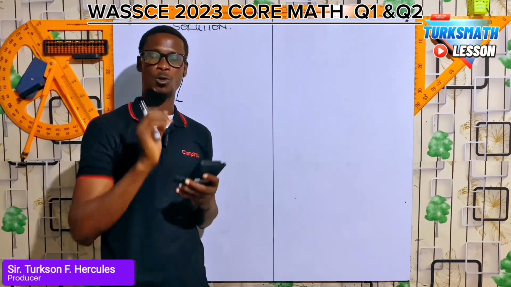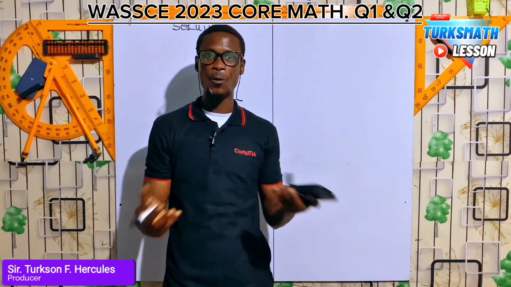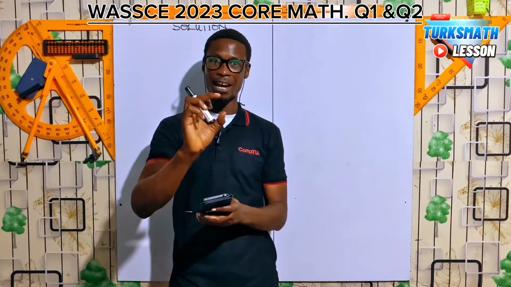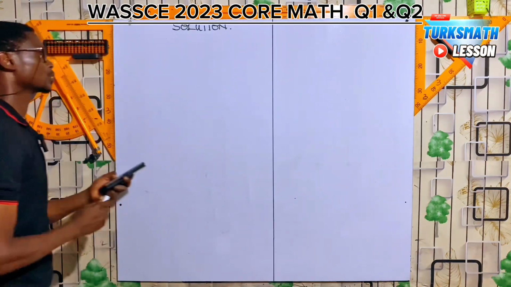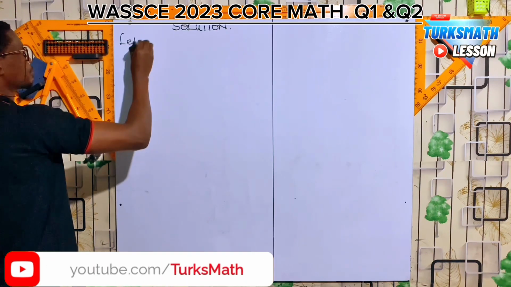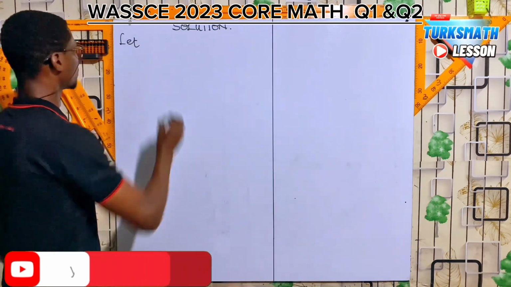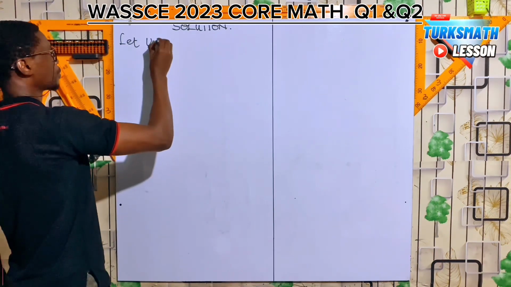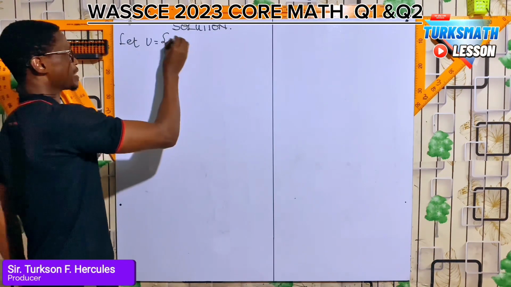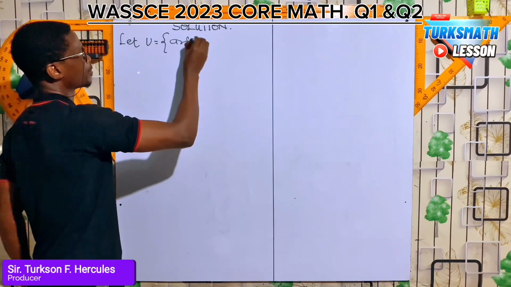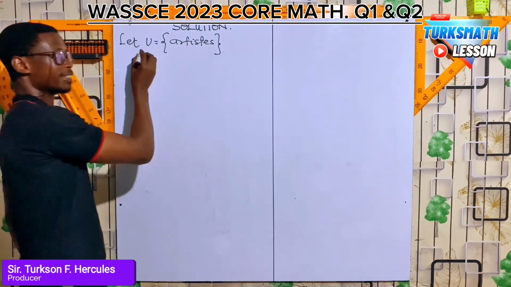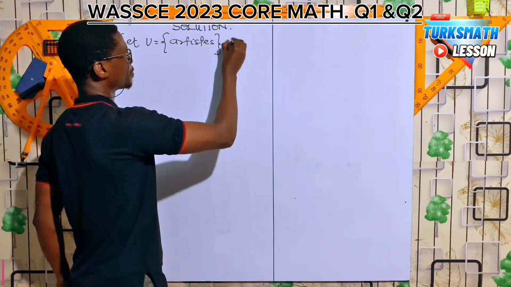Now, before you're able to solve any question, you need to know where the question is coming from, and this is set application. I think we are right. Let's go. So we say let the universal set equal artists, the number of artists given.